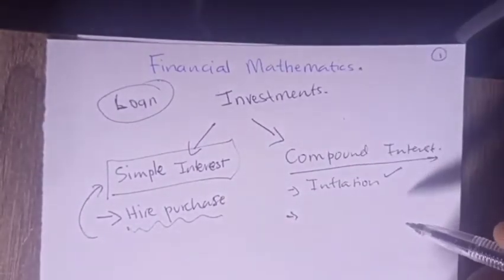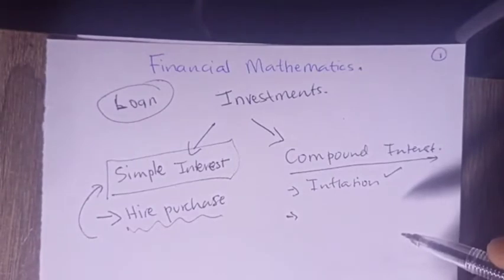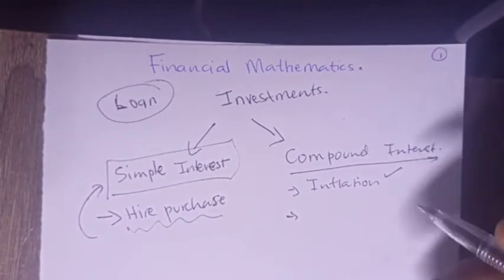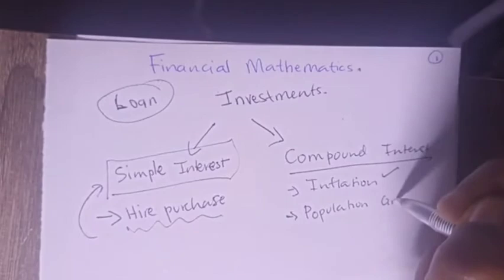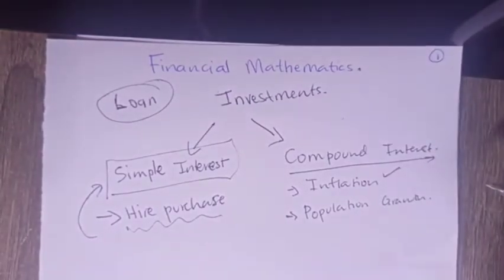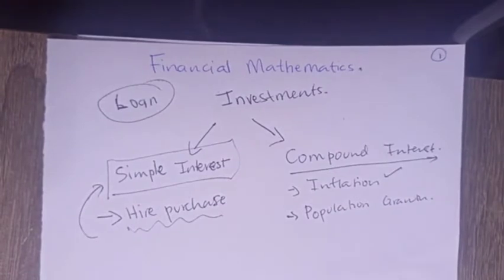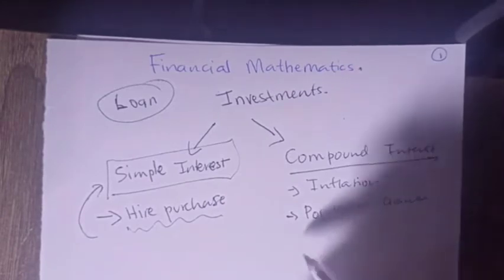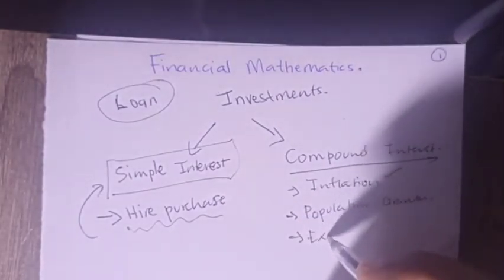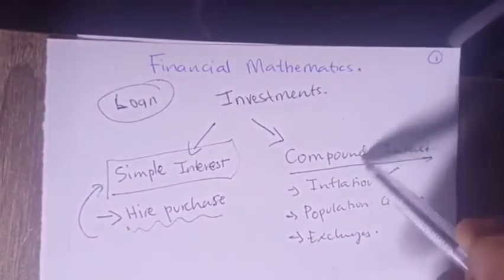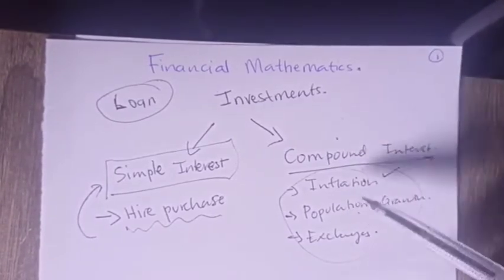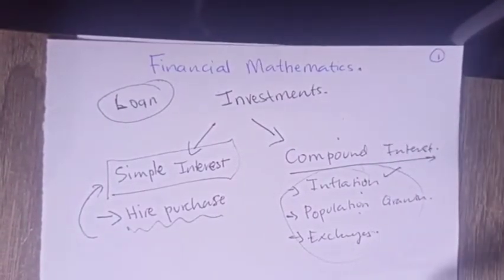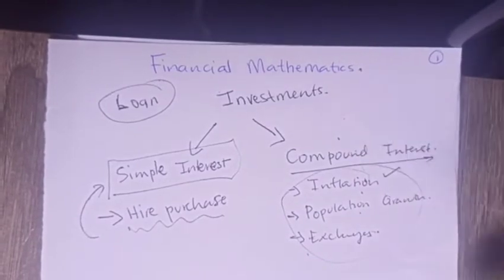They tell you about population growth. Once you see those words, you know that you are dealing with those things. When we do questions, you're going to see what else falls under here. I think exchange rates also applies under this. So once you read a question and you read these words, compound interest, or they talk about inflation or population growth, you know which formula you're going to apply, the compound interest formula.